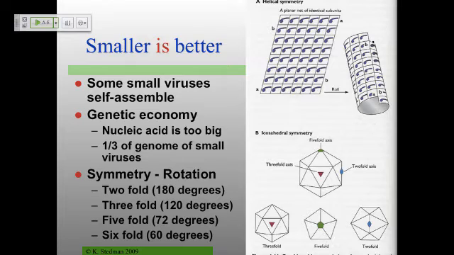In many cases, in fact, a third of the genome of small viruses is capsid proteins. Sometimes even as much as about half of the genome of some small viruses is the capsid protein gene. So it requires a huge amount of that material, and that's just for one protein gene, let alone all the proteins that you would need to make a whole capsid.